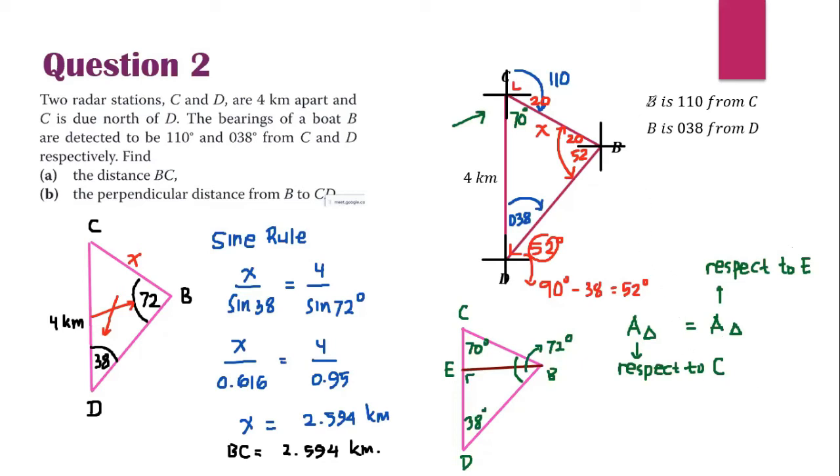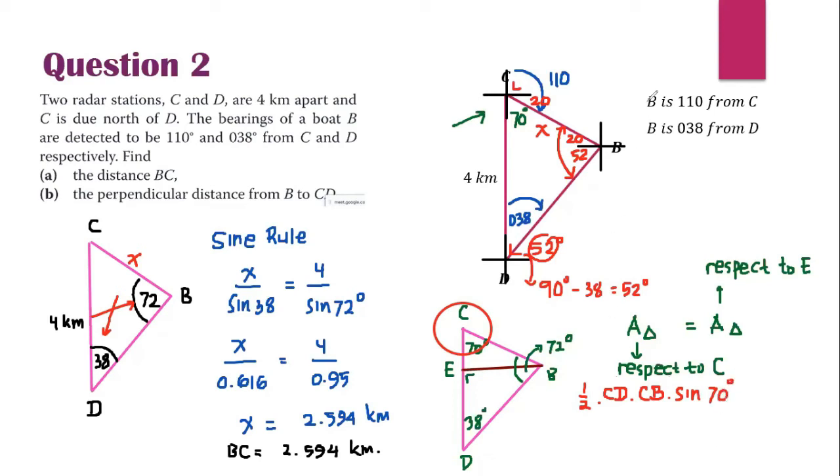With respect to C means we can use the sine rule. We can use the sine rule here to find the area of the triangle with respect to C. With respect to C, the area is a half times CD times CB times sine 70 degrees, right?